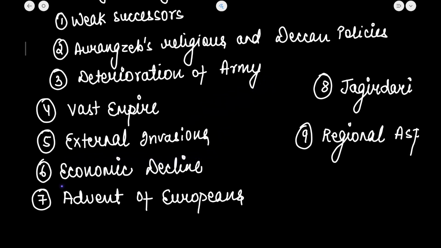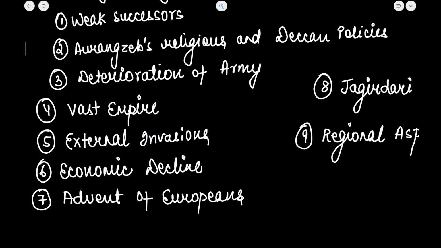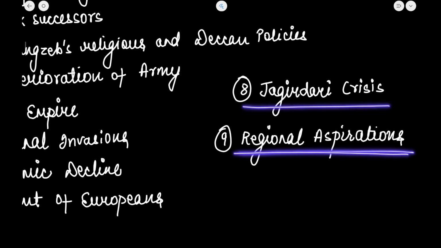Then there was economic decline. Why? Because there were endless wars, there was stagnation in agriculture, and there was a decline in trade, which led to the economic decline of the empire. Okay. Next was the Jagirdari crisis. Regional aspirations also rose.